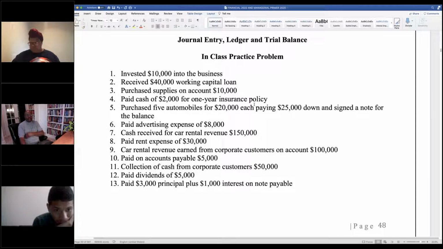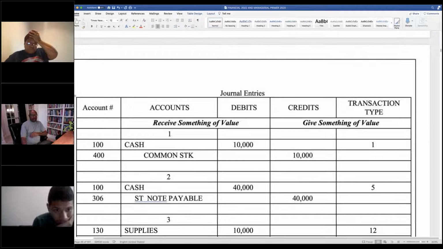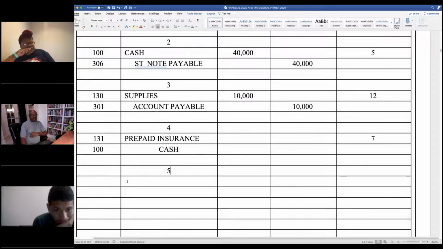So we purchased 5 automobiles for $20,000 each, paying $25,000 down and signing a note for the balance. What are we going to do here? 5 automobiles times $20,000. Okay. So we're going to purchase 5 automobiles.